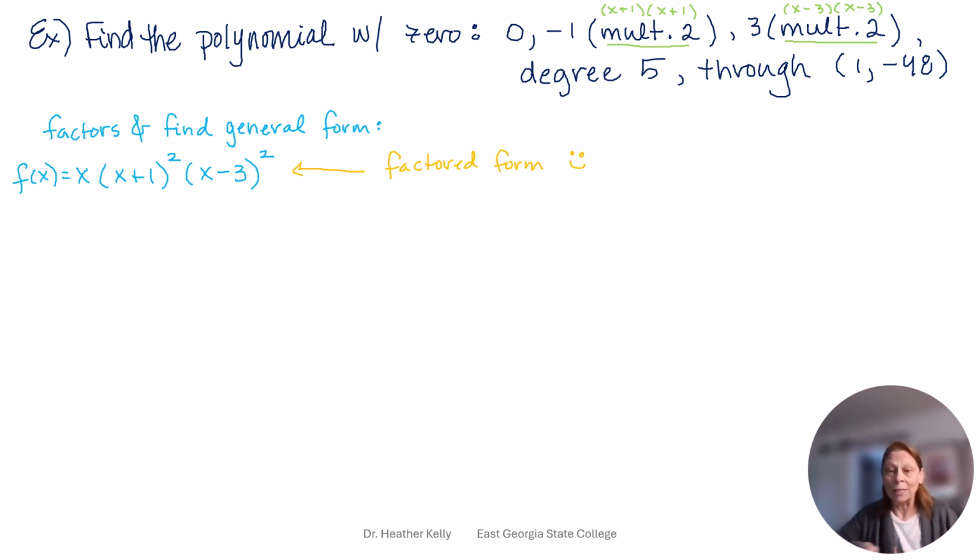You're in this class because you're moving on to higher math for sure, so it is important that you can recognize that this is already in factored form. Now let's take a look at how to finish this up.